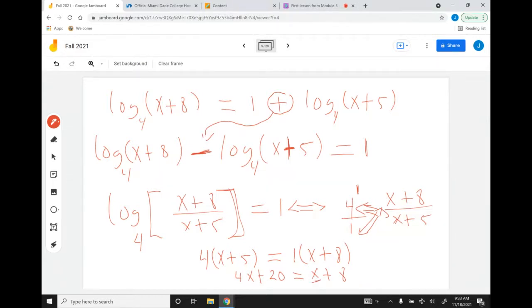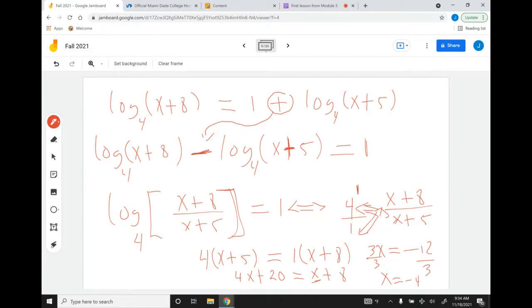That becomes minus x, so 4x minus x will be 3x equals this 20 on the left hand side. I'm going to move it over to the right, so it becomes 8 minus 20, which will be negative 12, and then you divide by 3 and you get negative 4.